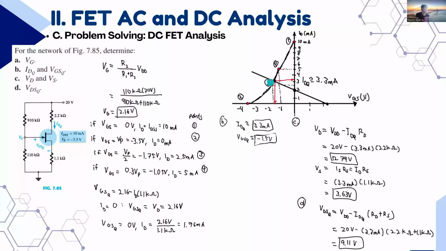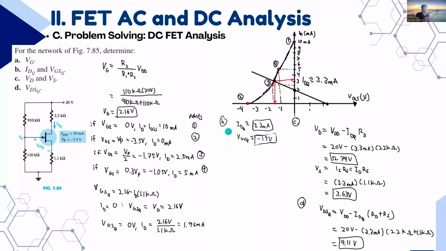Eventually, we will get a point on the curve which will represent the IDQ, the Q point, approximately 3.3 milliamps. And then for the VGS, we will get approximately negative 1.5 volts. So that will be our answer.